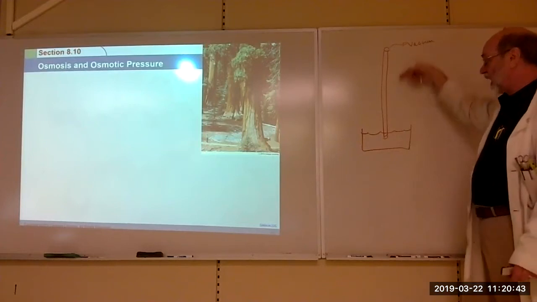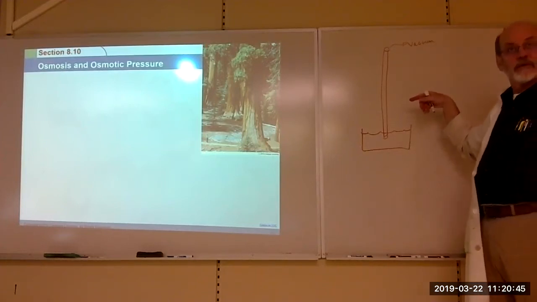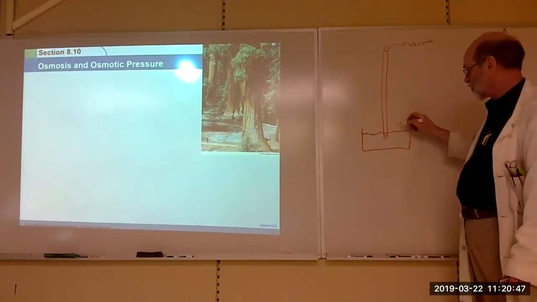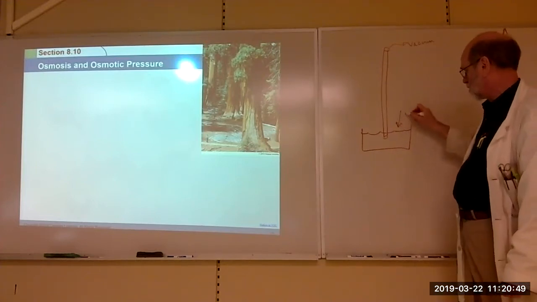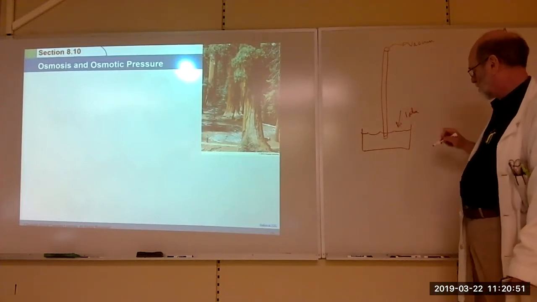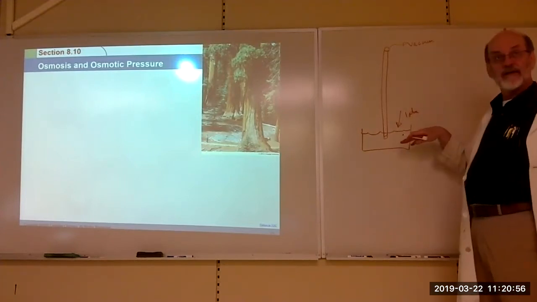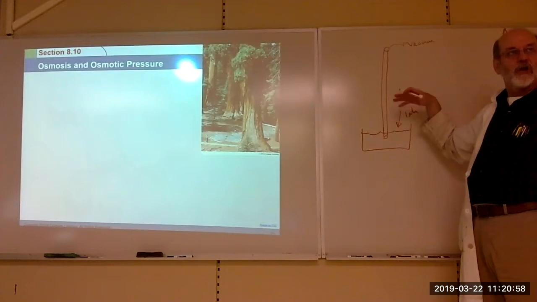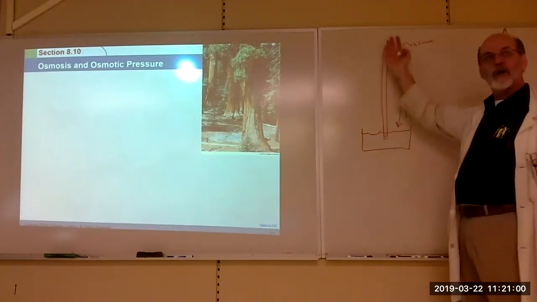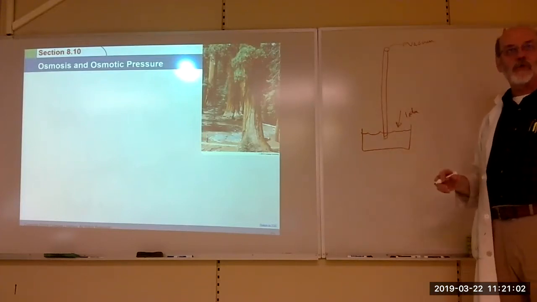Well, it depends on the atmospheric pressure. So at sea level, you've got 1 atmosphere pushing on this, and the difference in pressure is between what's inside and what's outside. So if you pull a vacuum, then all of the pressure here is forcing water up. Right? How high will it go?